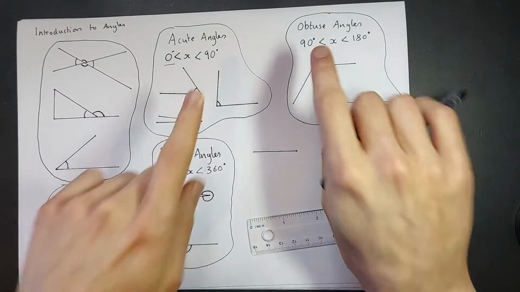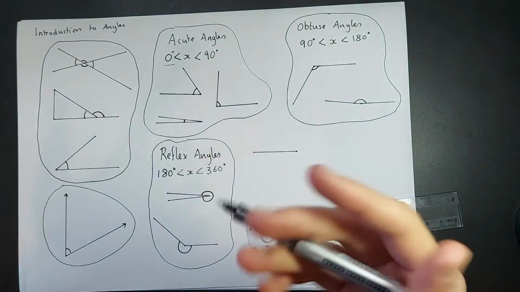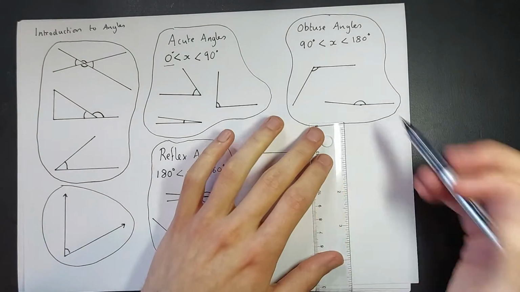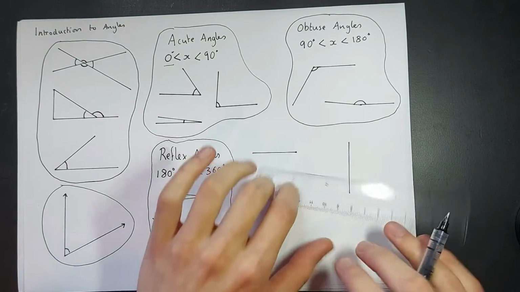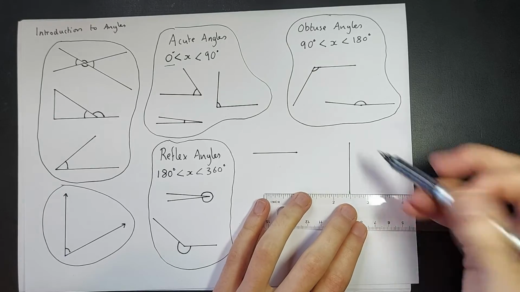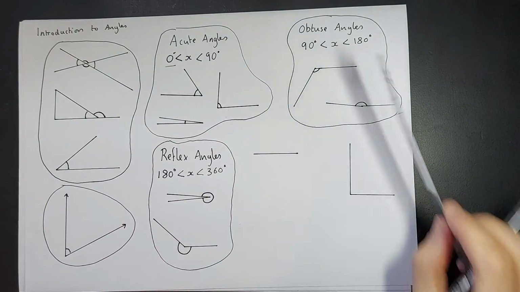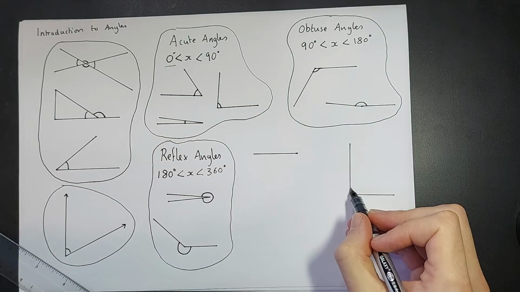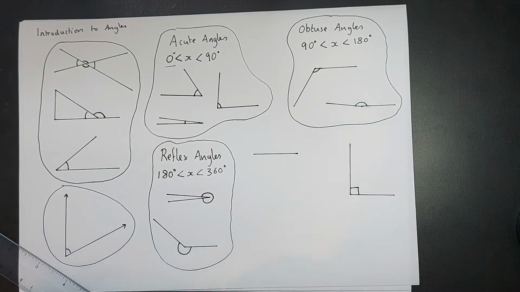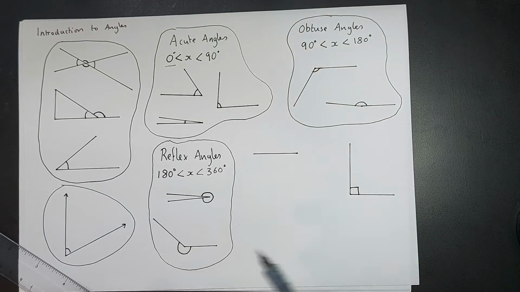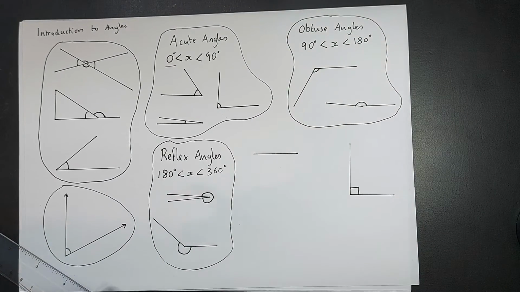90 degrees is not included in either of these. 90 degrees is a special case. I'll do my best to draw a 90 degree angle. It is the special case between acute angles and obtuse angles. There should be this notation in here. If you put a square in there, that tells us it is a right angle. This is 90 degrees. It's the one angle that has its own special name.